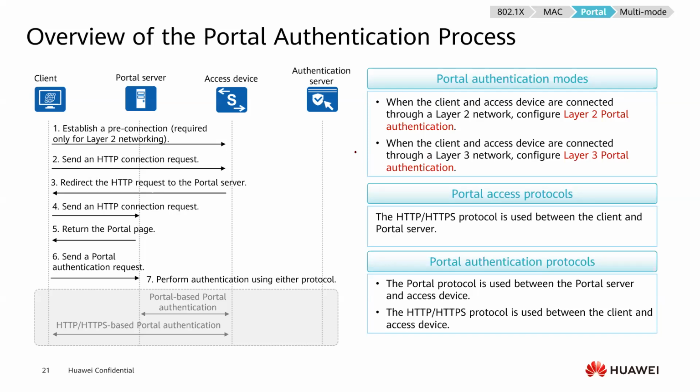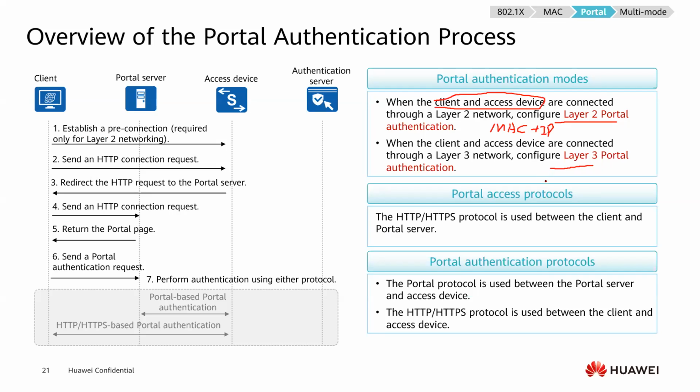Portal authentication also has two modes. One is layer 2, another is layer 3. The difference is that when the client and the access device are in the same network segment, a layer 2 network, we can configure layer 2 portal authentication. For this kind of authentication, we can use the MAC address together with the IP address as the identifier to identify different users.